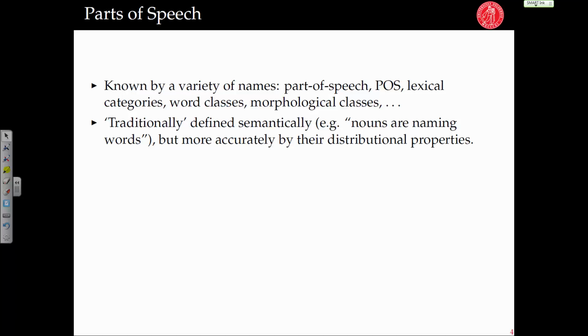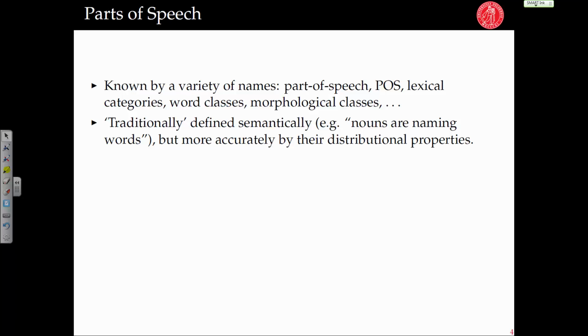But we also notice that these types of part of speech exhibit some syntactic and morphological features, or distributional properties, let's say. Meaning that nouns, for example, will occur nearby a determiner. So you will see a determiner, and then that would be followed by a noun. Not necessarily all the time, but this is a property.